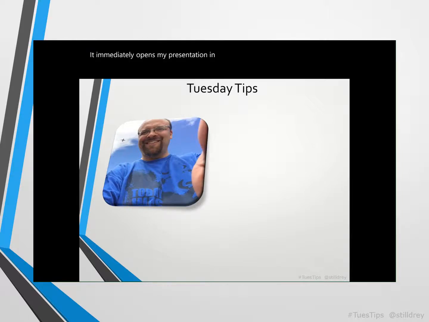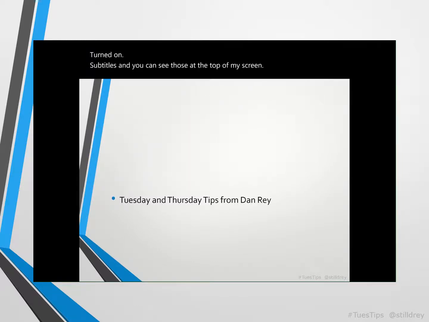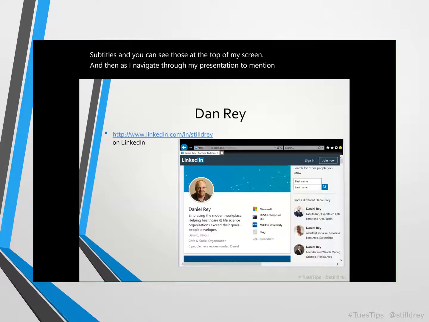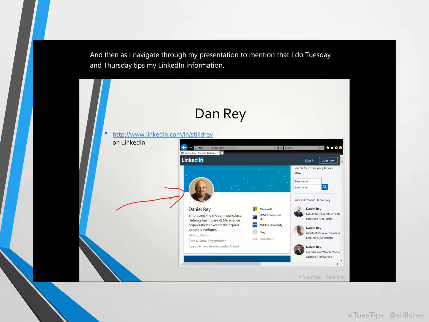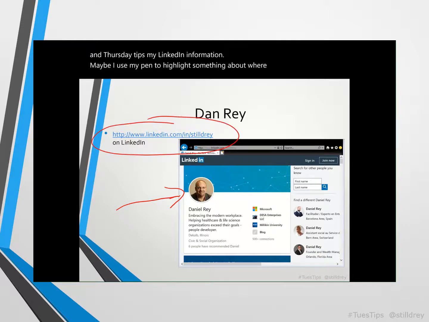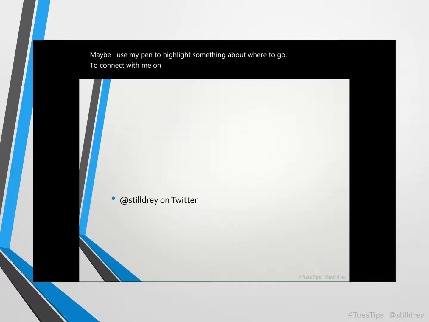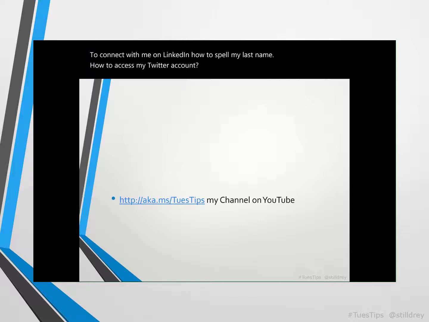I already have on this computer turned on the subtitles, and you can see those at the top of my screen. And then as I navigate through my presentation, to mention that I do Tuesday and Thursday tips, my LinkedIn information, maybe I use my pen to highlight something about where to go to connect with me on LinkedIn, how to spell my last name, how to access my Twitter account, and my channel on YouTube.